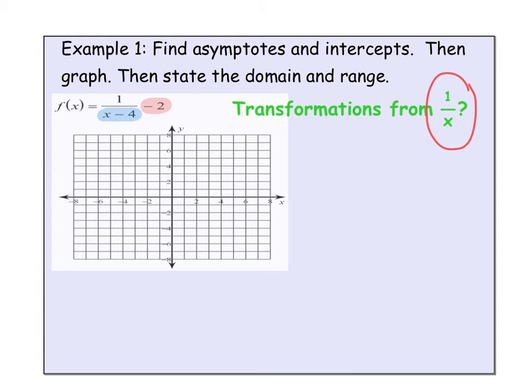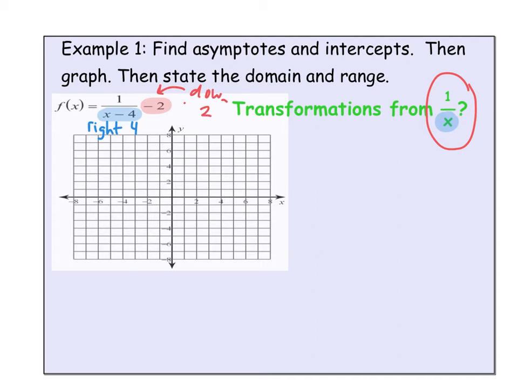The reason I know the -4 is inside is because on the parent function, it's 1 over x, the x being in the denominator, so anything plus or minus down in that denominator is going to be considered inside the function. So we should know that a -4 on the inside is going to shift the graph to the right 4 units, and the -2 on the outside will shift the graph down 2 units.